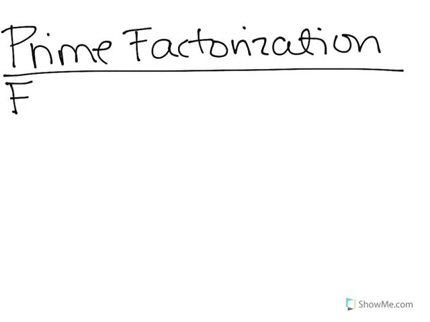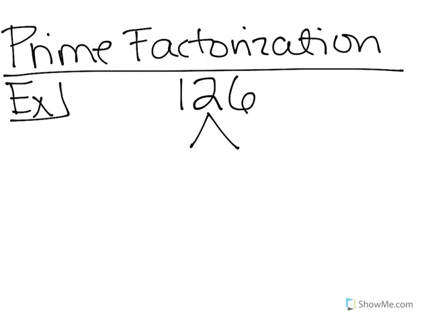We use a factor tree to help us. And for this example, let's choose 126. So I will use a factor tree. I ask myself, what number, it could be any number, what number goes into 126?